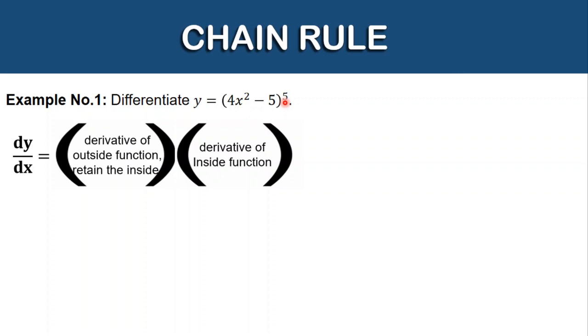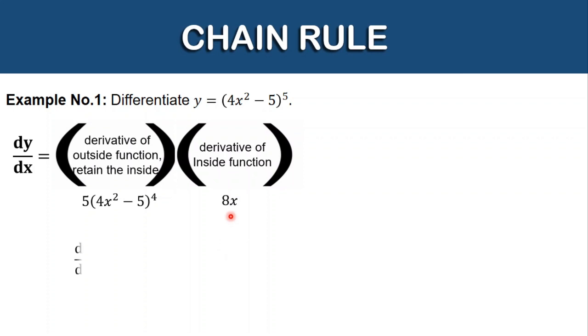So yung 5, using the power rule, lagay lang natin dito. Tapos magsusubtract lang tayo ng 1 from our exponent. So may 5 tayo dito. Tapos yung exponent natin magiging 4 na lang. Okay, so here it is. Then, yung derivative naman ng inside function, so yung derivative nito, 4x squared minus 5 is 8x.